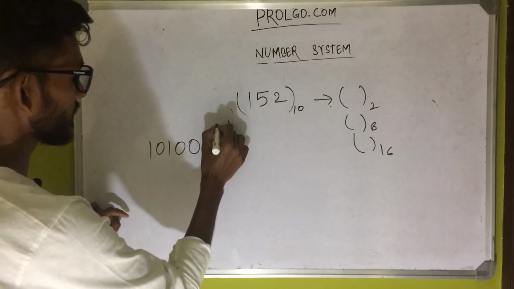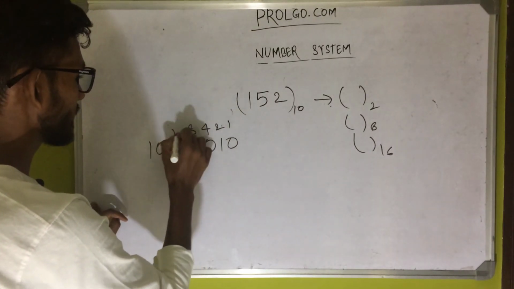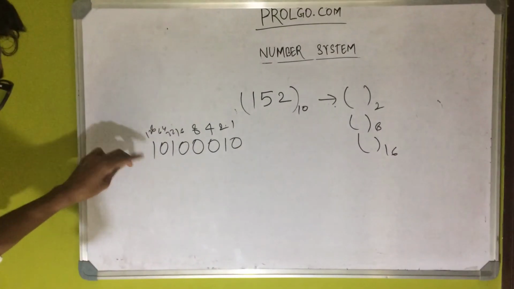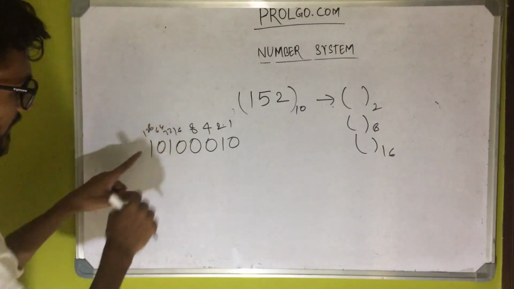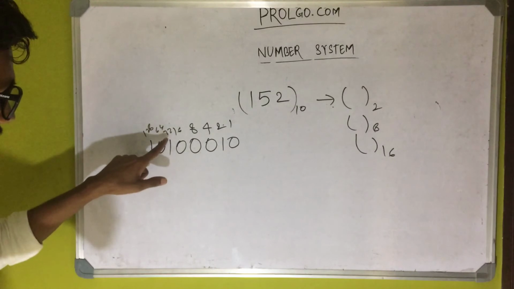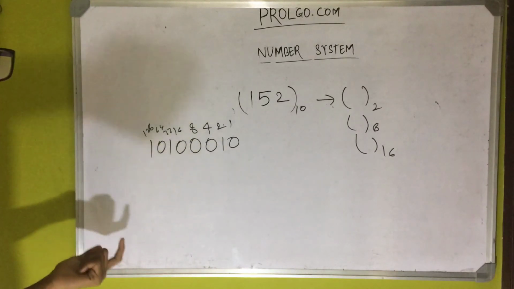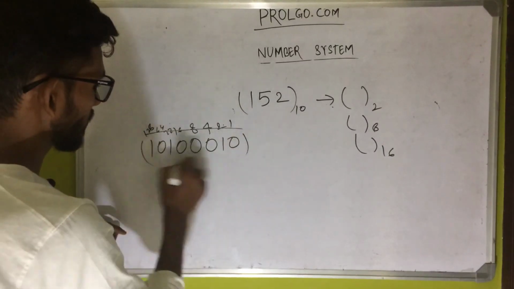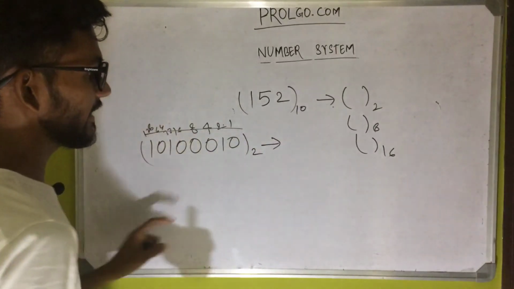Just calculate it: 1, 2, 4, 8, 16, 32, 64, 128. What I have done is turned on only these bits: 128 plus 16 plus 8 is 152. That's so easy. So we have converted easily.